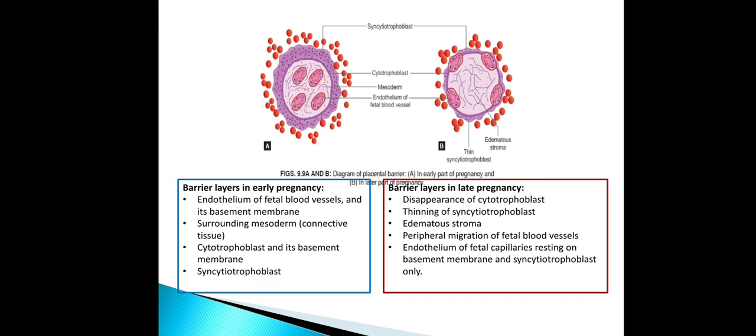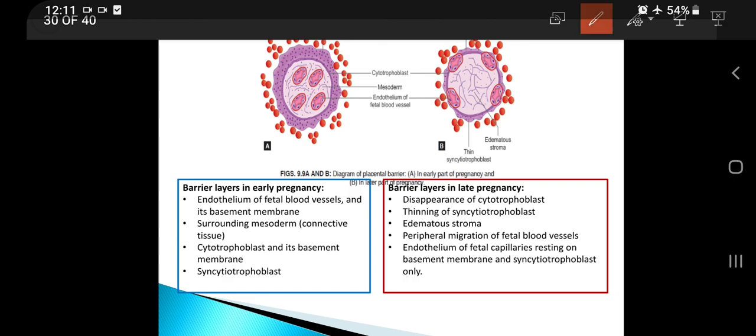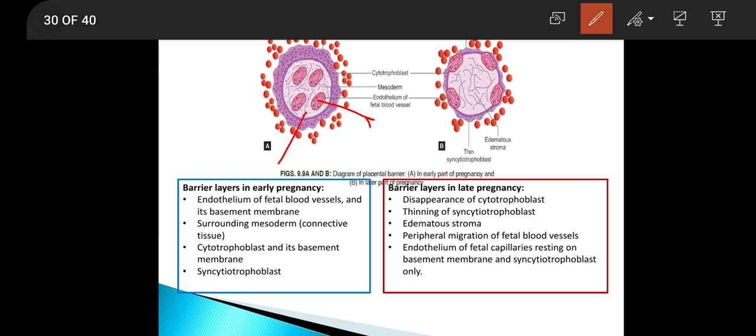So the barrier in early pregnancy, up to 20 weeks, is formed by the endothelium of the blood vessels and its basement membrane. These are the endothelium and the basement membrane of the fetal capillaries, then the extraembryonic mesoderm, then the cytotrophoblast and the syncytiotrophoblast.